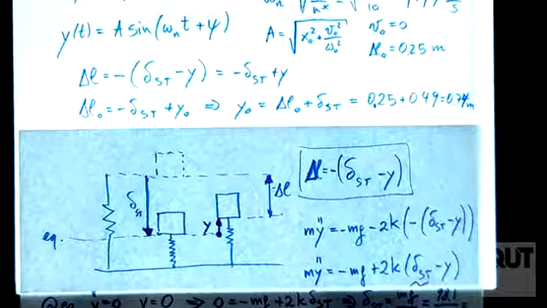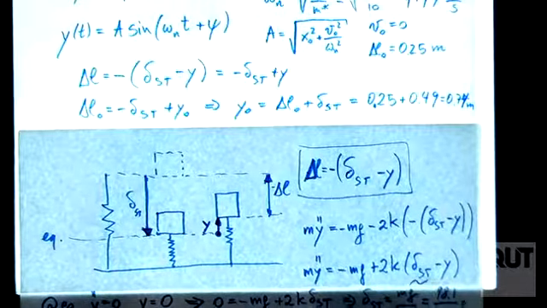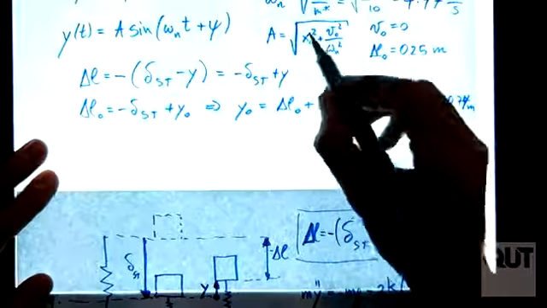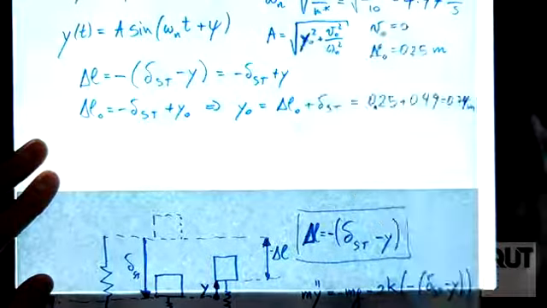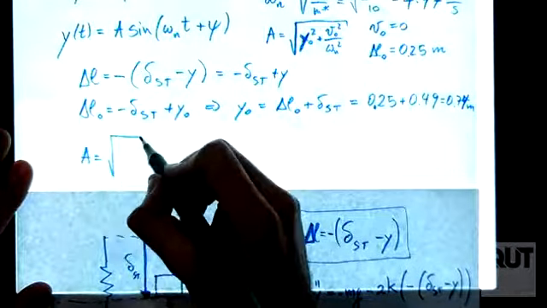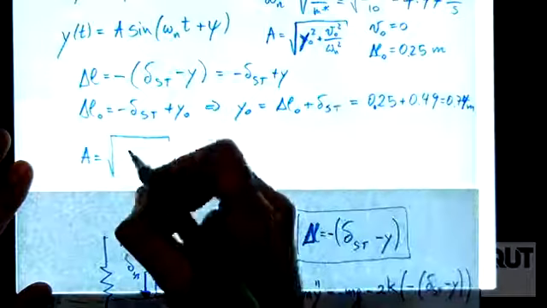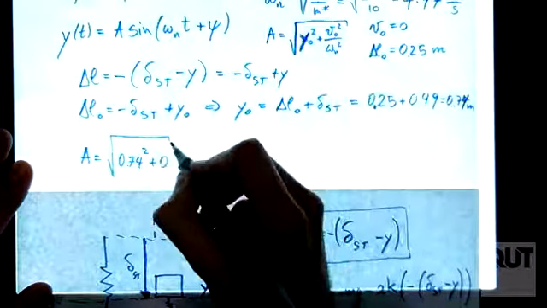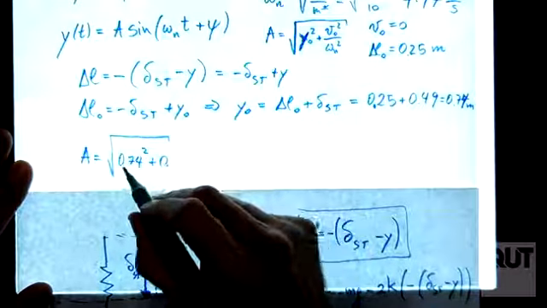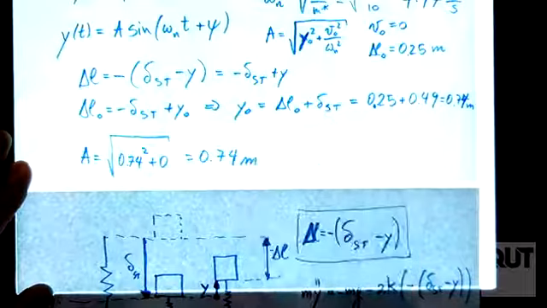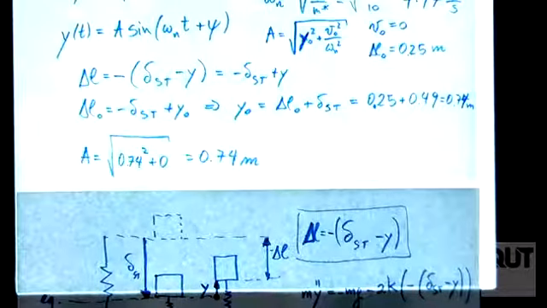Good. Once we have y0, what do we do? Well, once we have y0, we can check it in here. This is x0, but in this case it's y0, obviously. Okay? So A is equal to square root of y0, which is 0.74, square, plus 0, because v0 is equal to 0. So this is obviously 0.74 meters. Okay? Clear?